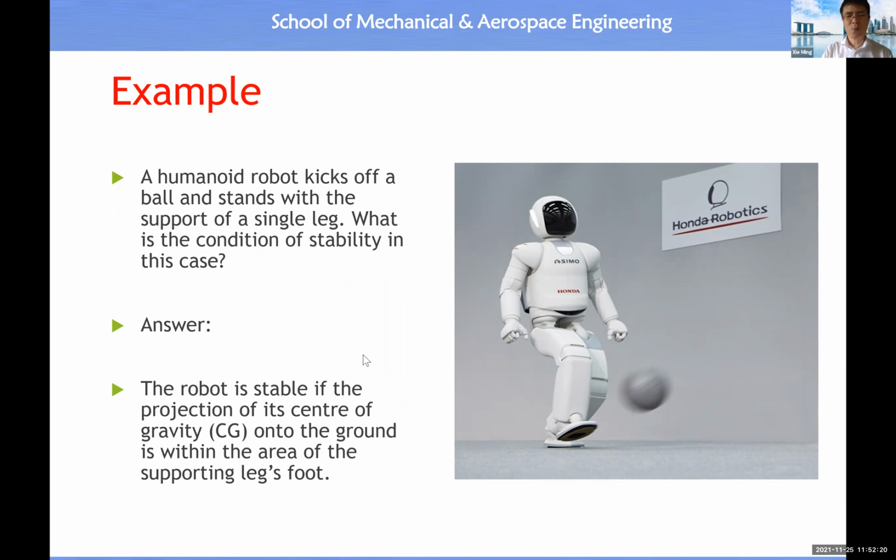What should be the condition for a robot to maintain stability or to lose stability? The answer: the projection of the center of gravity must be inside the support polygon between the foot and the ground. As long as the center of gravity projects inside this support polygon, then this robot is stable.